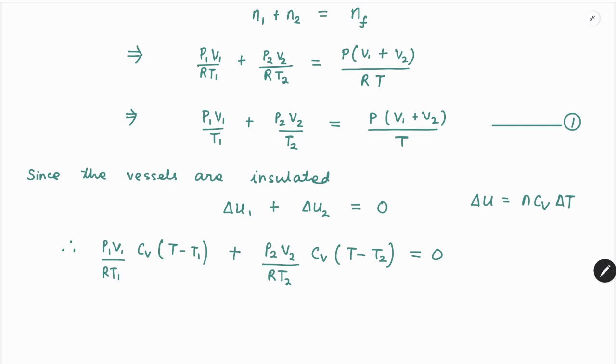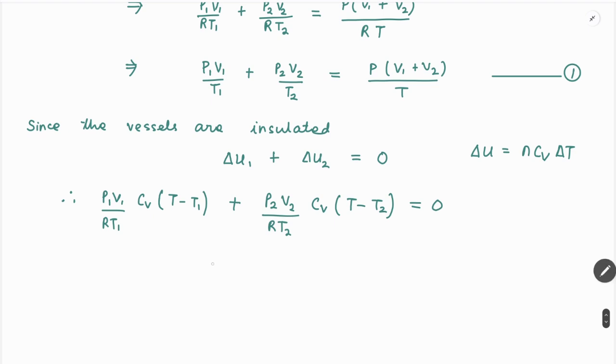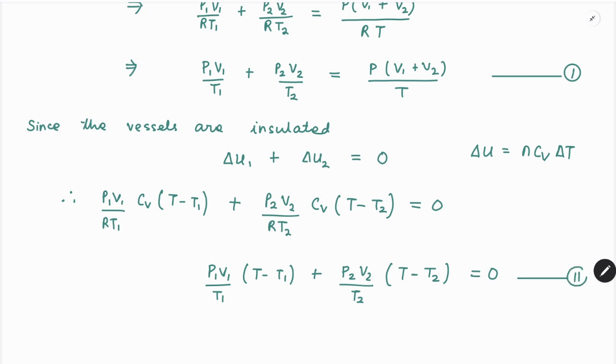With CV and R taken common, the expression takes the form P1 V1 by T1 (T minus T1) plus P2 V2 by T2 (T minus T2) equals 0. So this serves as the second equation for this particular problem.